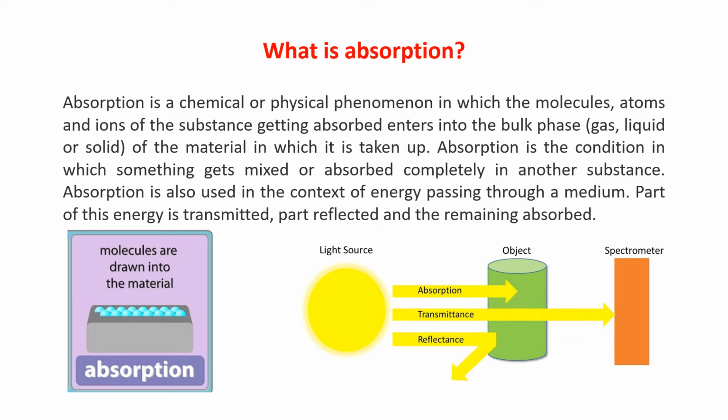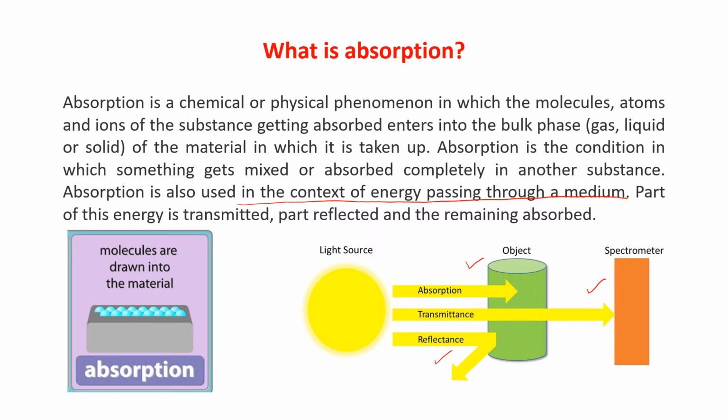Absorption is also used in the context of energy passing through a medium. Part of this energy is transmitted, as you can see here, part is reflected and the remaining is absorbed. That is known as absorption.